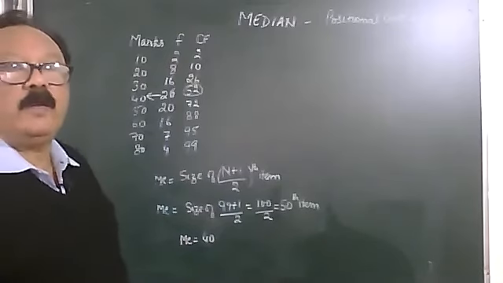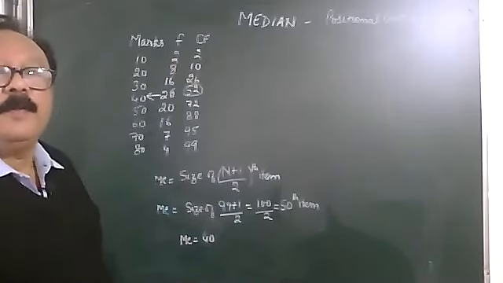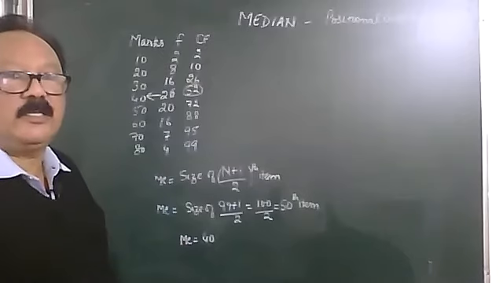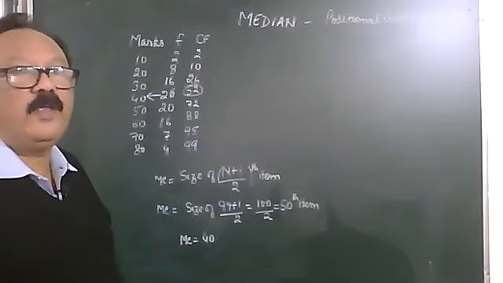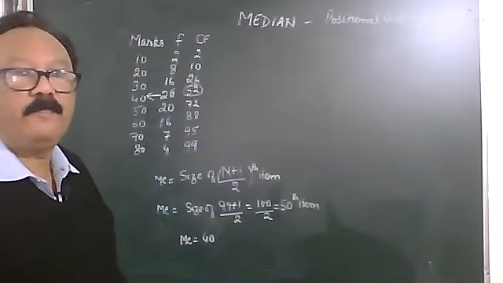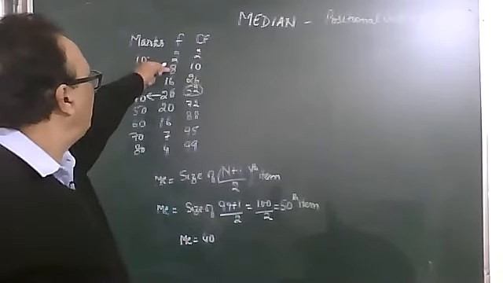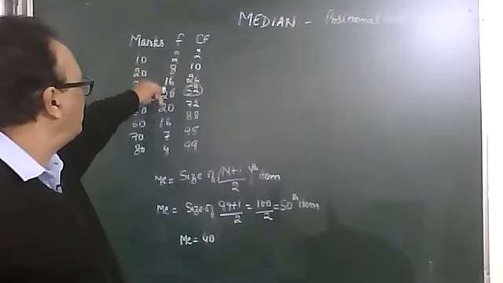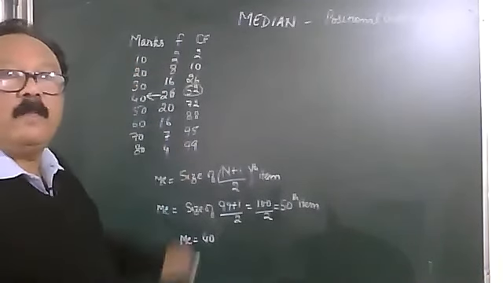So remember children, when we are doing a discrete series, first and foremost, the frequencies are cumulated to get CF. Keep adding 2 plus 8, 10 plus 16 and so on. And the formula is the same.